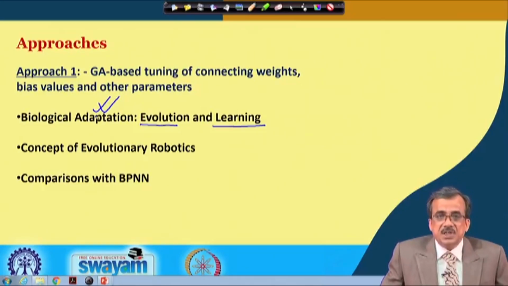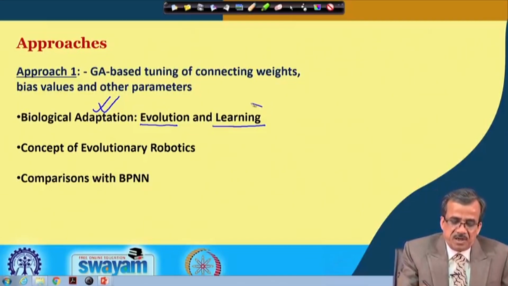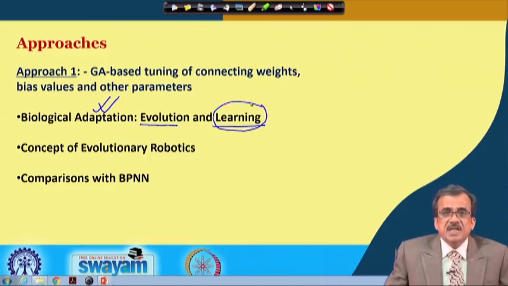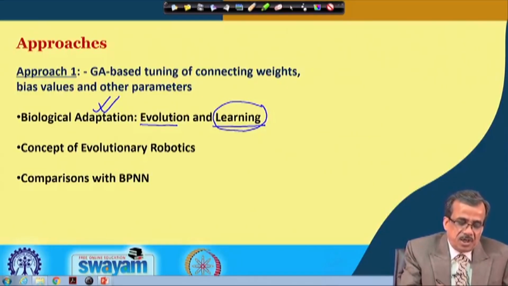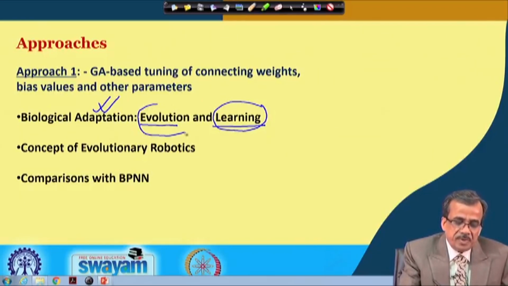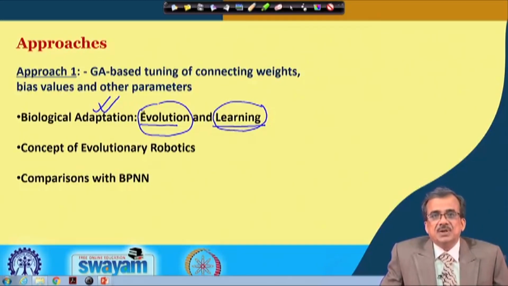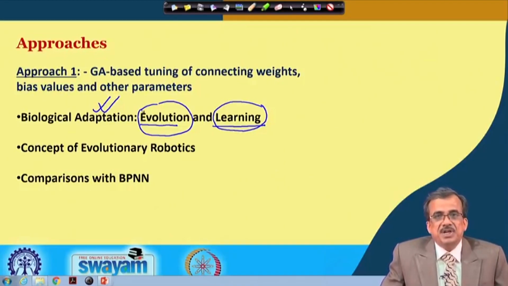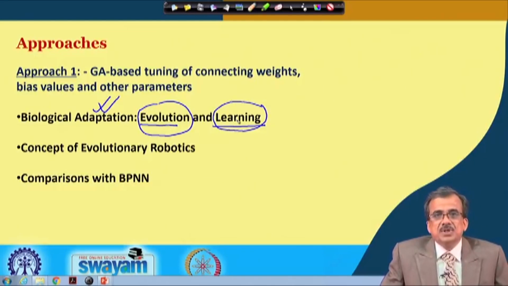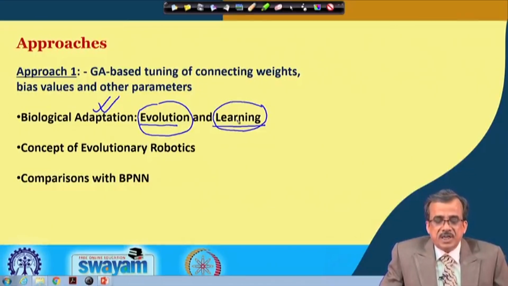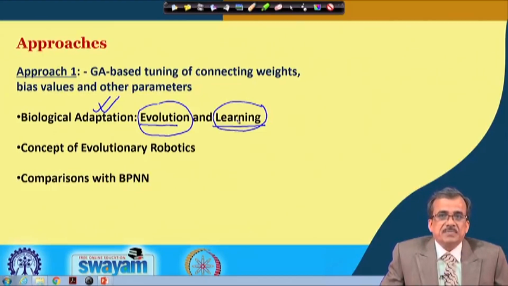Learning takes place during one's lifetime. On the other hand, evolution takes place through a large number of generations or iterations. So, evolution and learning work on 2 different time scales.